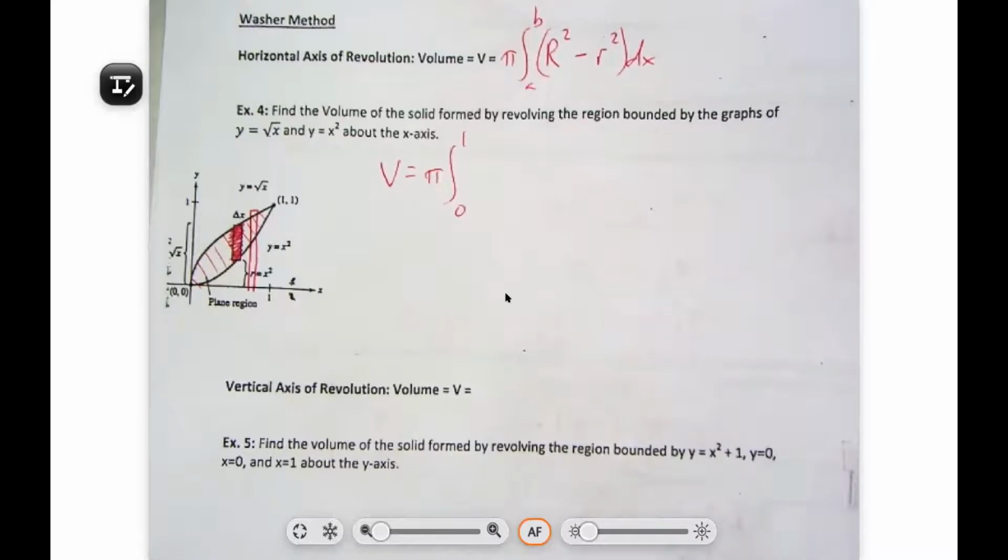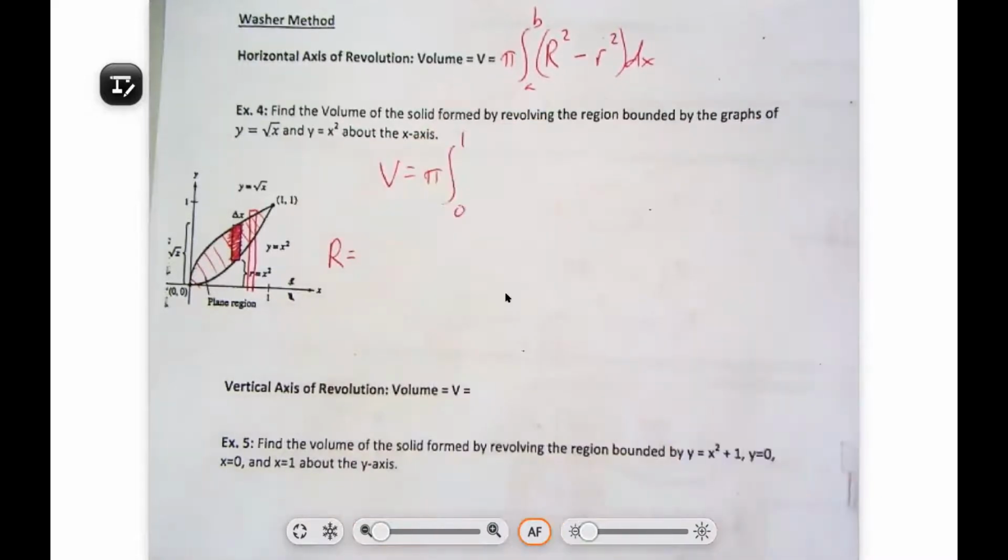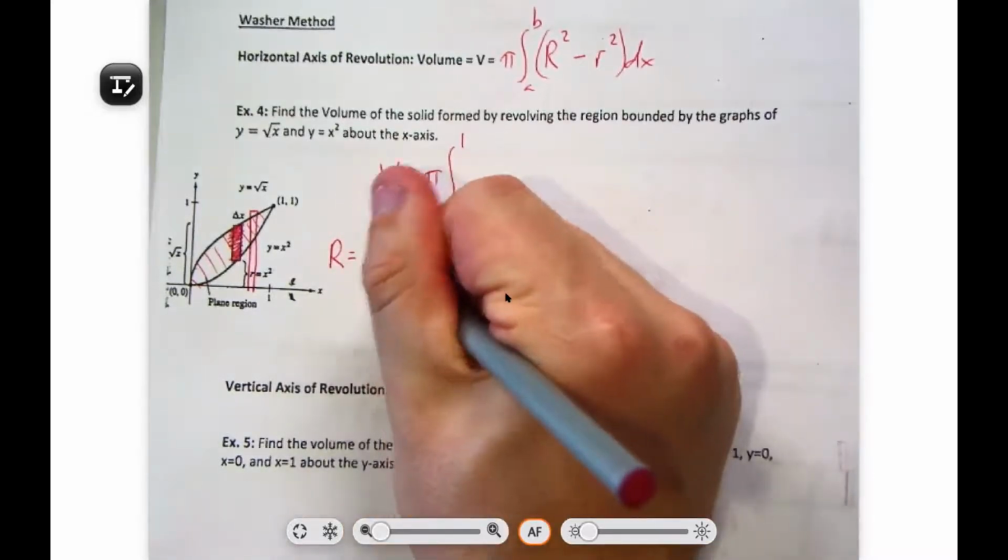However tall that is, that's big R. Well, since we're spinning around the x-axis, big R is just whatever that function is. Whatever that outermost function is, that's big R. The outermost function is the square root of x. That's our big R.